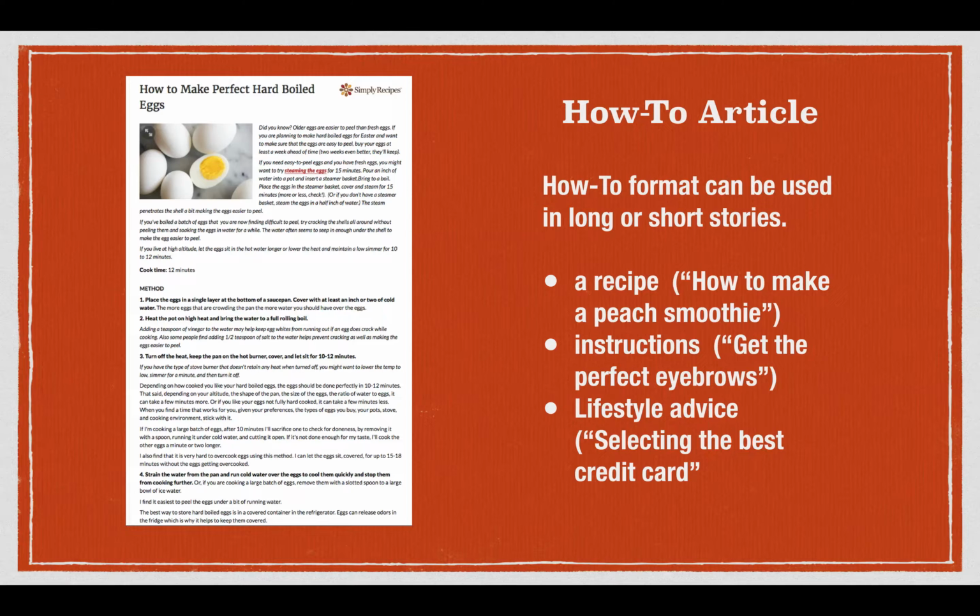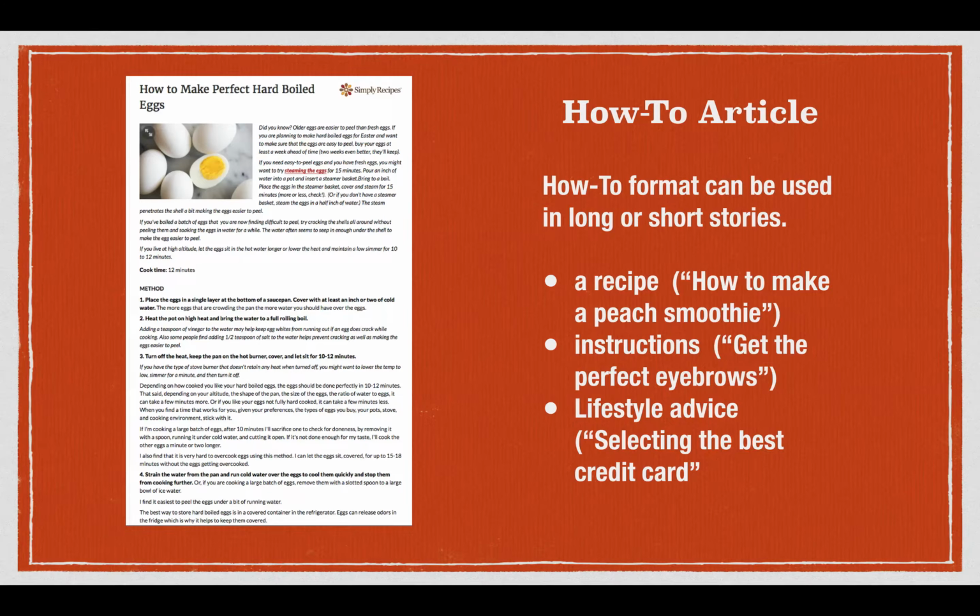So that's easy enough, and we've all seen these and we've all used these, but this format can be used in all kinds of stories. Obviously how to make a recipe, some item to eat, or instructions on something, but you can also do it for a big story.